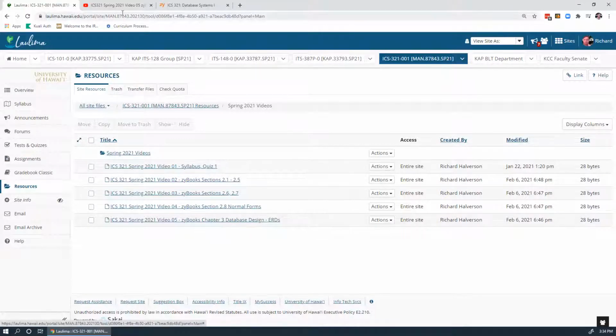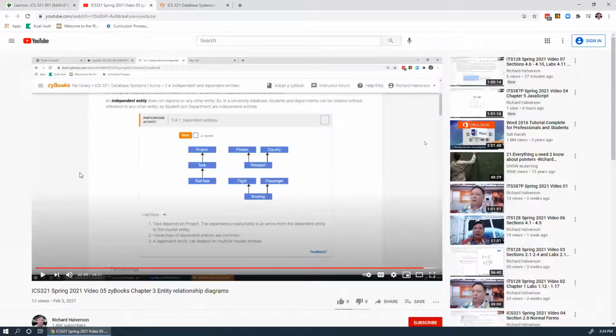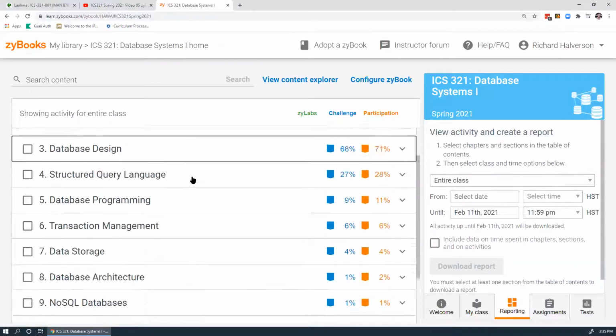If you open up this video, I go all the way to the end, until I don't see any more of the textbook. That's about here, and we see 3.4, which is talking about dependent and independent entities. I don't think we really talked too much about that, so that's where I'm going to start.